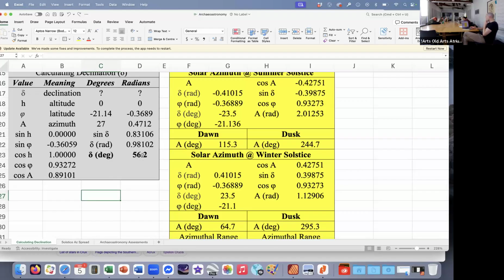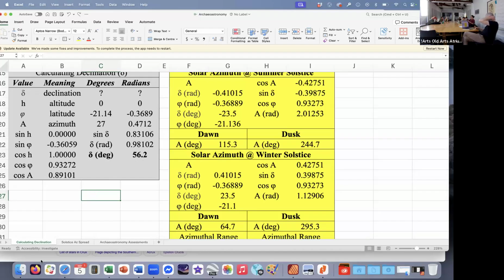Not minus 56 degrees, positive 56 degrees. Remember, zero declination means it's along the celestial equator. All right, that makes sense. So it's a very northerly star, because we're looking at an azimuth that's only 27 degrees. We're looking at a very northerly azimuth, right?